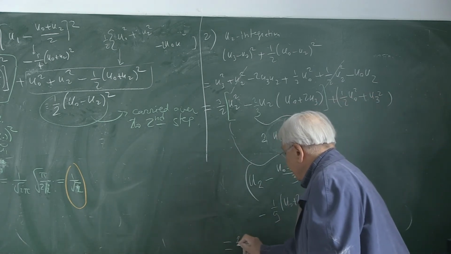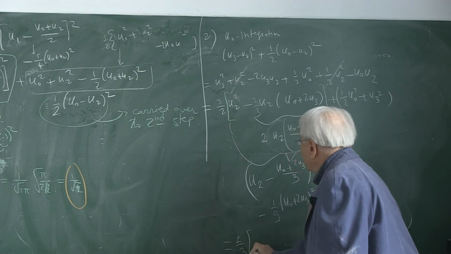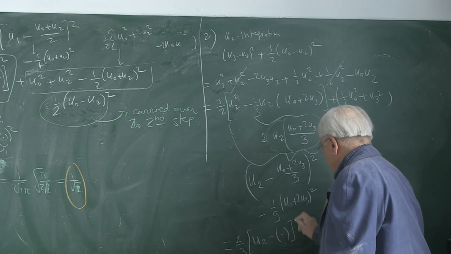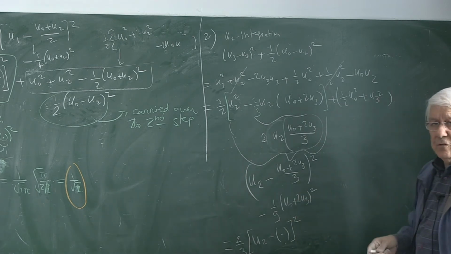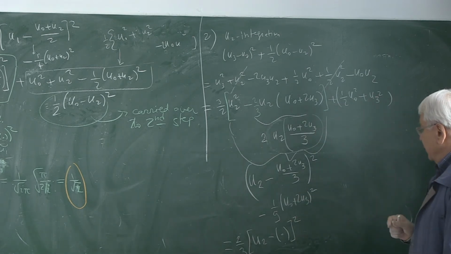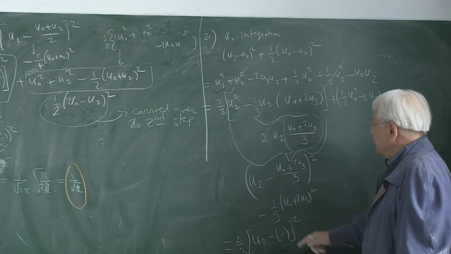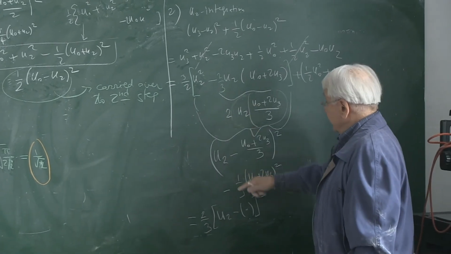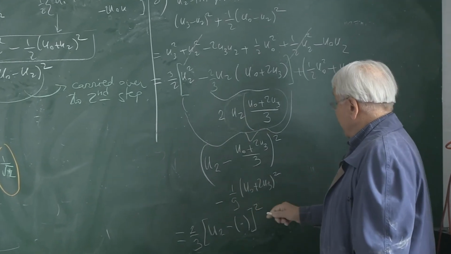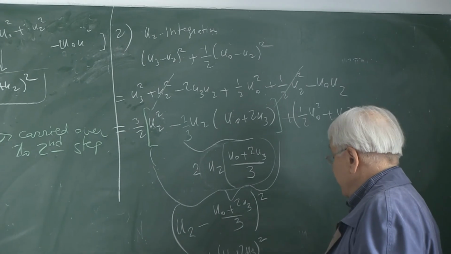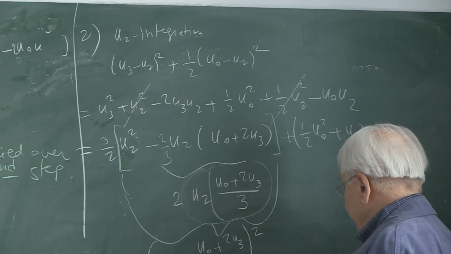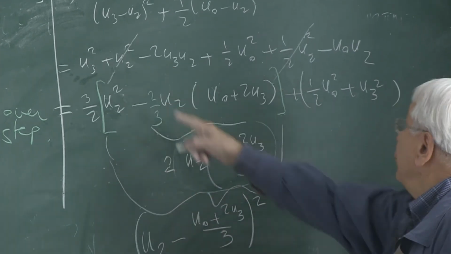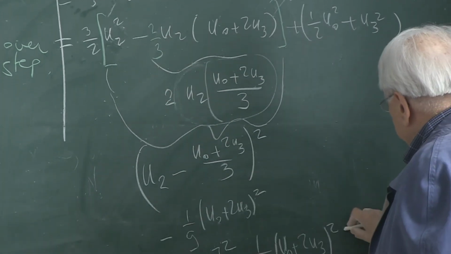Okay, let me combine my results and let's see whether I can express them in a nice fashion. First of all, I have 2 by 3 u2 minus something squared. I call it something because, because of the range of the integration, whatever that something is not important, I'll shift. There's a 3 and 3 kills, so minus 1 over 6 u0 plus 2u3 squared, this extra term, plus leftovers in here.